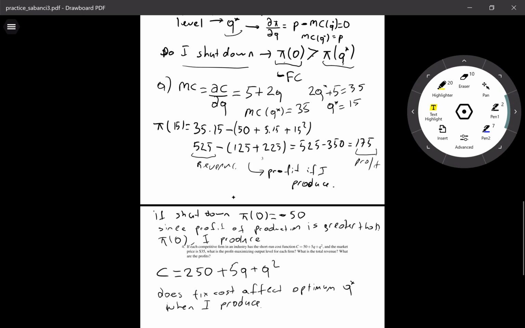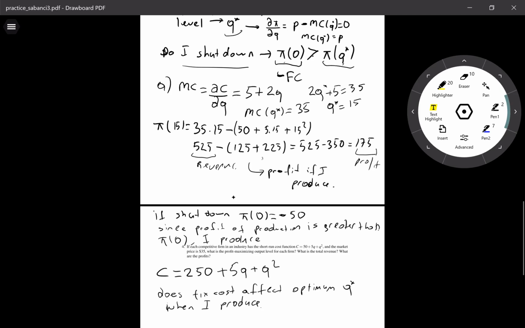But I'm not just asking for this question. Let me repeat it again. The optimum quantity is calculated from marginal cost equal to the price level.